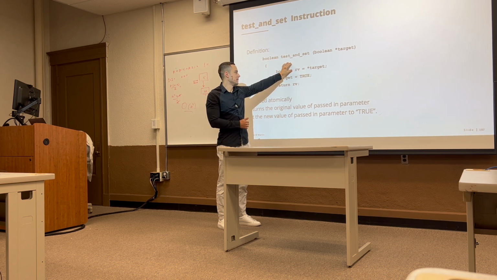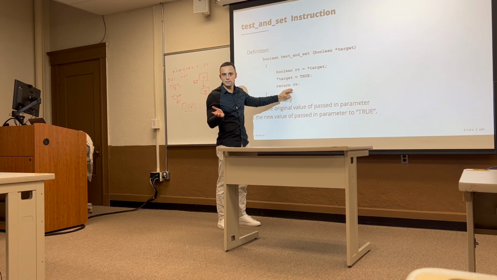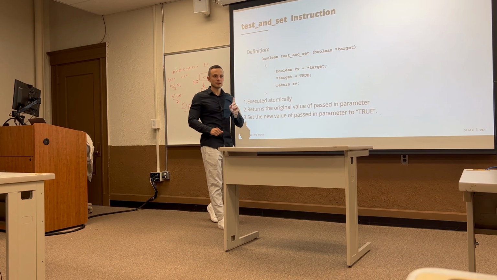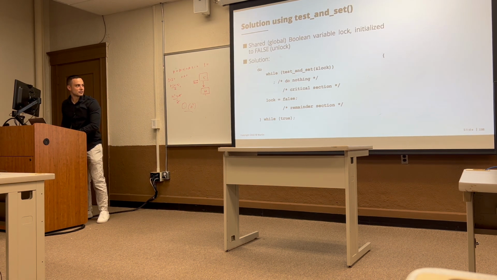After that, we're going to set the location to true, which means we're going to lock the memory location. And after that, we're going to return the previous value of the memory location, which was unlocked, right? Just put this in your mind for a second. Now see this.